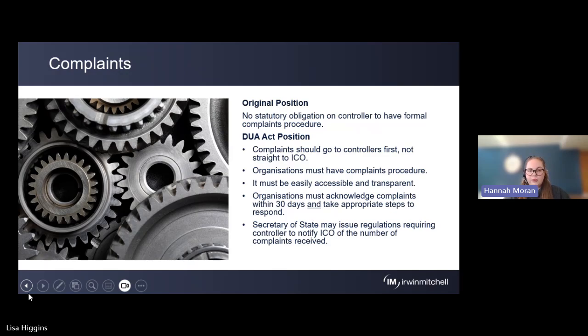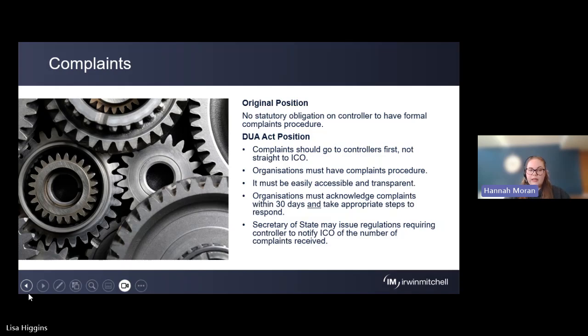But under the GDPR Act, complaints must be directed to the controller before they can be escalated to the ICO, which means that highly likely you're probably going to see a higher number of complaints being received by the school before it can then be sent on to the ICO. Organisations must implement a complaints procedure, so some kind of electronic form, something like that, that people can submit the complaints to.